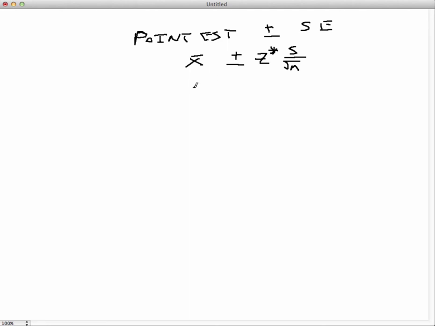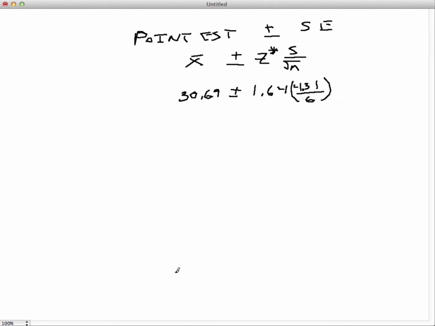So x bar is 30.69, plus or minus 1.64, and our standard deviation was 4.31 divided by the square root of 36, which is 6.